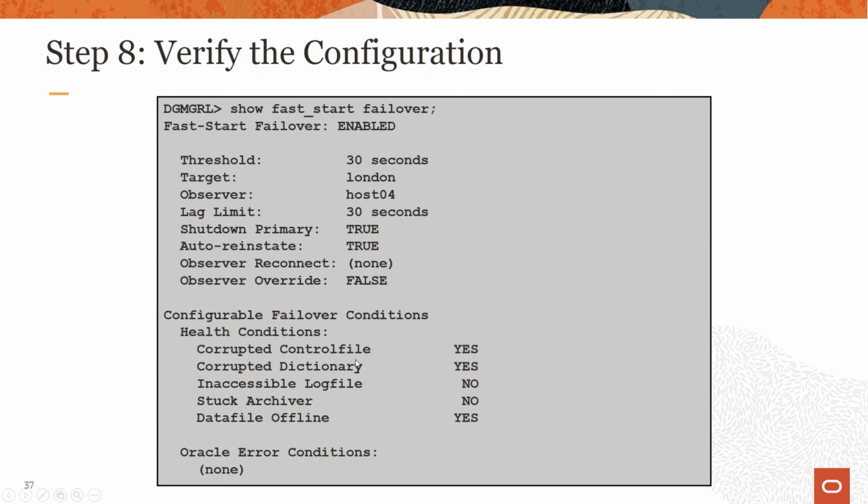If you have a corrupted control file, I can easily recover in place by using a backup. If you have a data dictionary problem, I can easily recover the system tablespace in place. If that is the case, you have to set it to no and no. So you will have to know what your requirement is, what the conditions should be that initiate fast start failover.